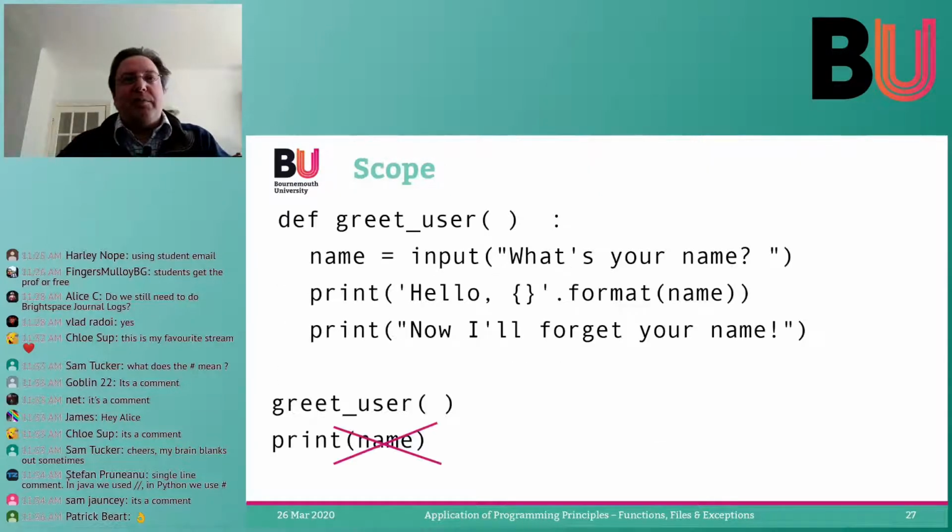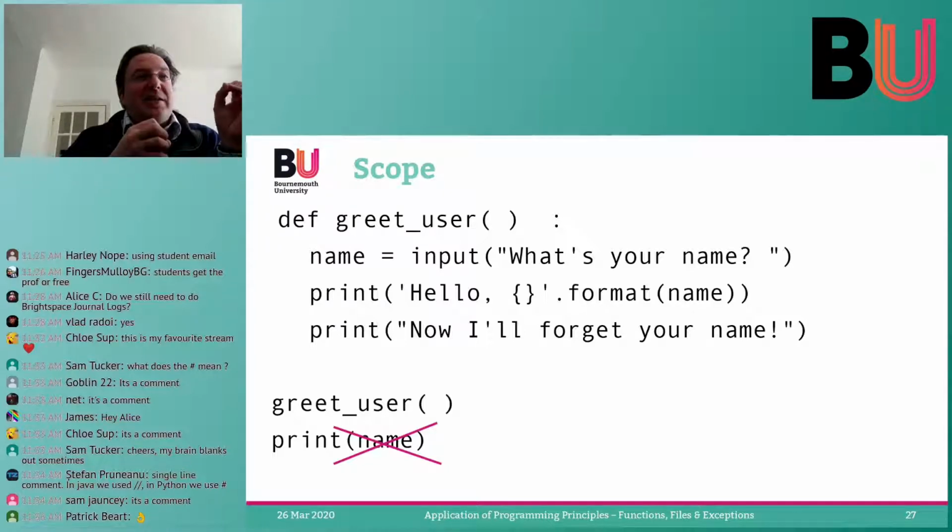Then there is an important thing to think about with functions, and that is scope. If we have this function greetUser, what it does is put a name from an input, and then you can print that out and stuff like that. What is important is that the name variable in greetUser only exists in that function.